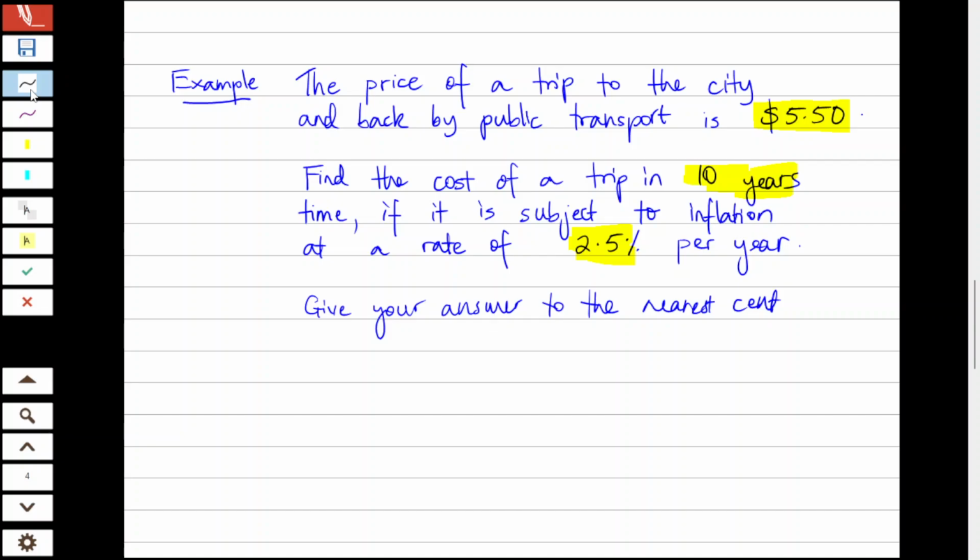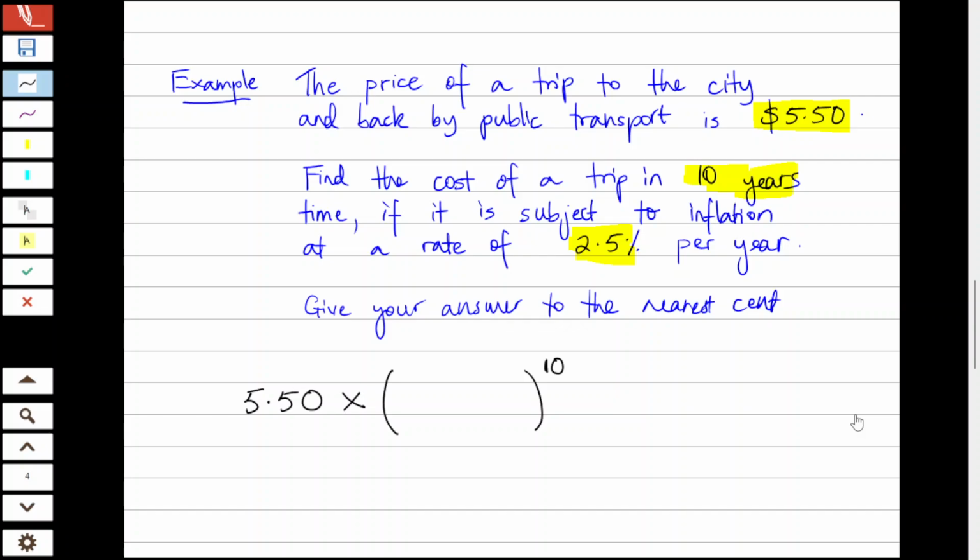So it's kind of simple enough that I'm just going to show you the calculation without getting bogged down in the details. So what we will do is we'll start with $5.50. That's our starting price today. And we're going to apply this growth 10 times. So I'm going to have some geometric growth factor, and I'm going to take it to the power of 10 because I'm applying it 10 times, once per year.